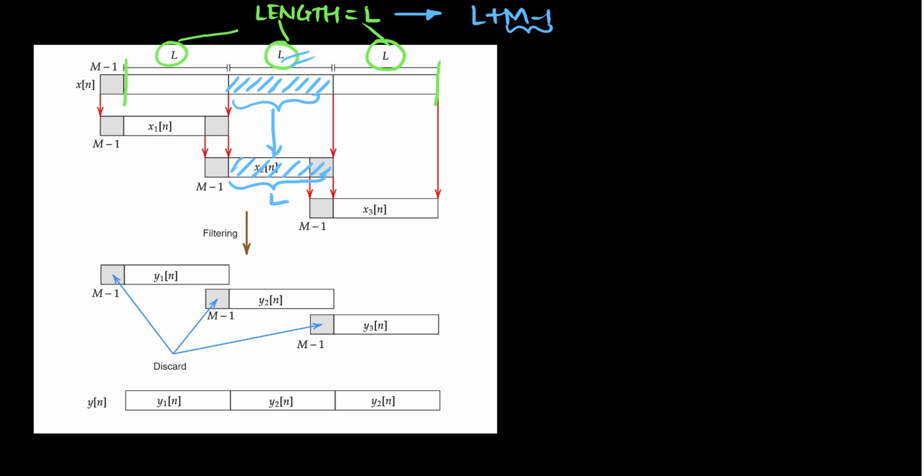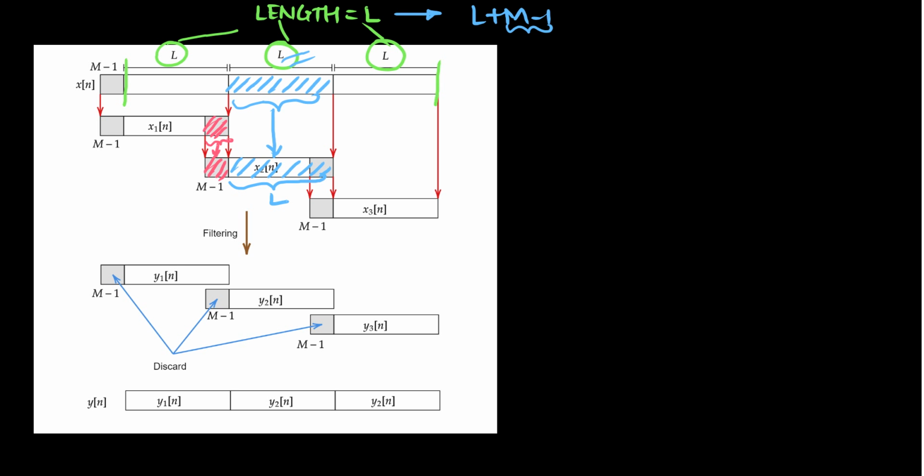In order to make it of length L plus m minus 1, we consider m minus 1 points of the previous block, and we place them at the beginning of this current block.